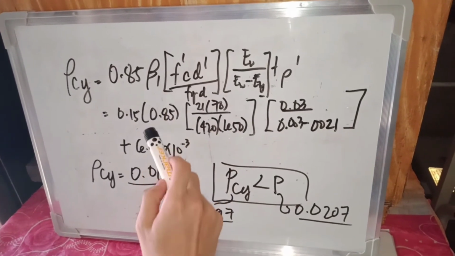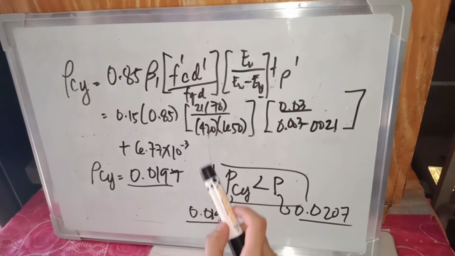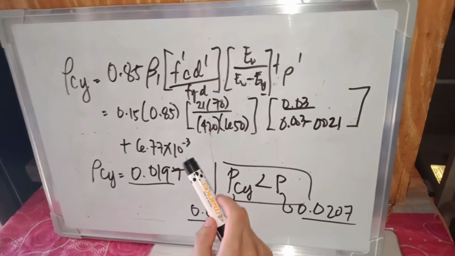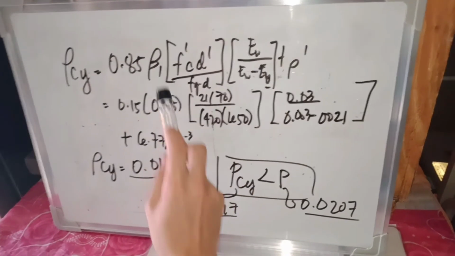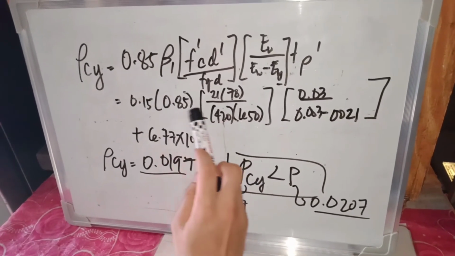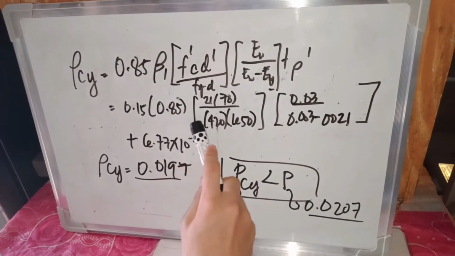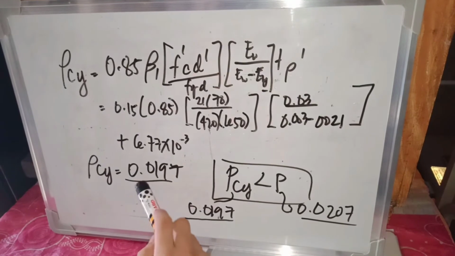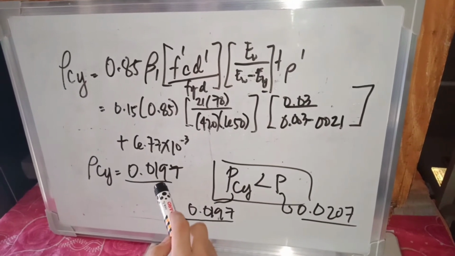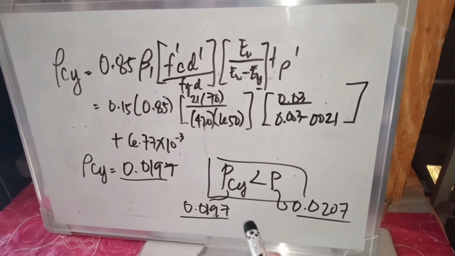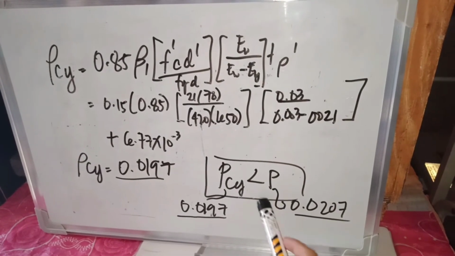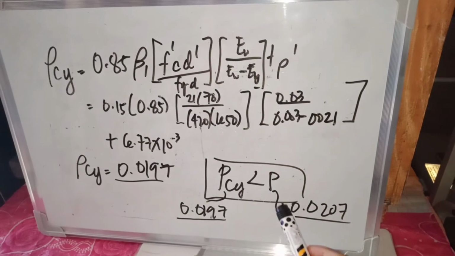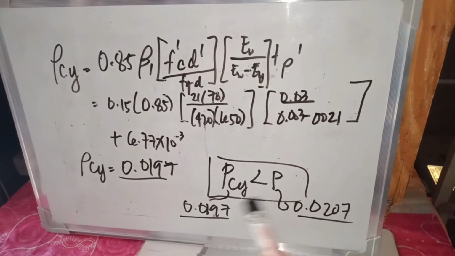Since our f'c is equal to 21 MPa, which is less than 30 MPa, our beta 1 must be automatically 0.85. So we can get a resulting value of 0.0197, which is our rho_cy, and rho_cy is less than rho.